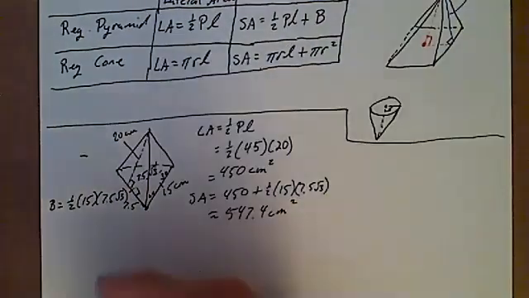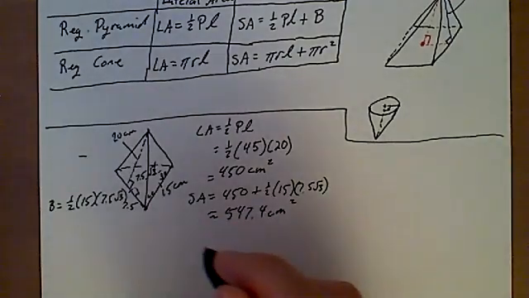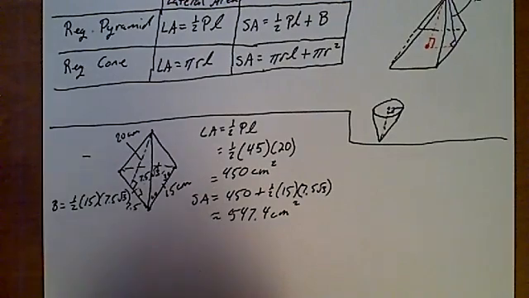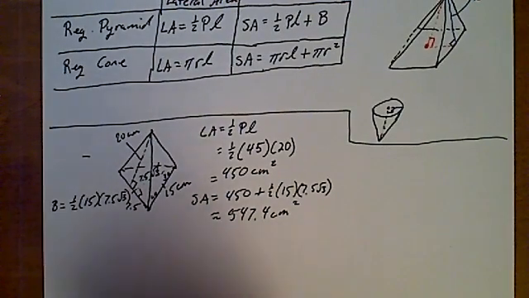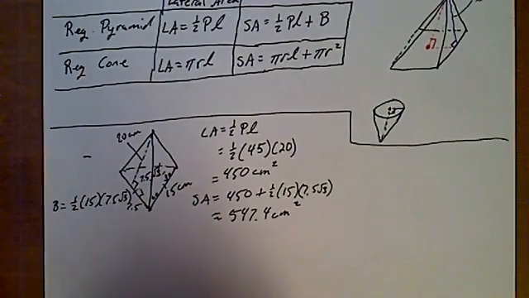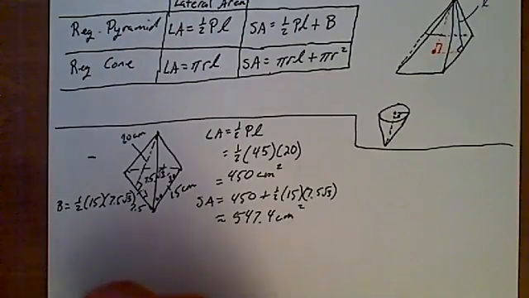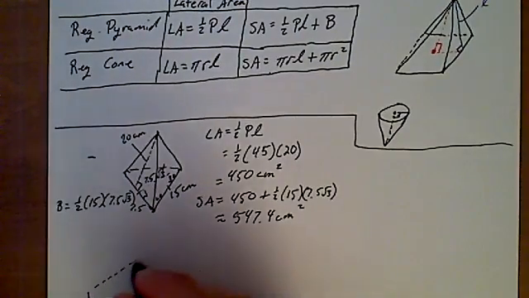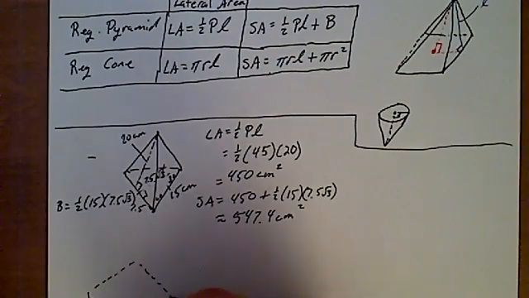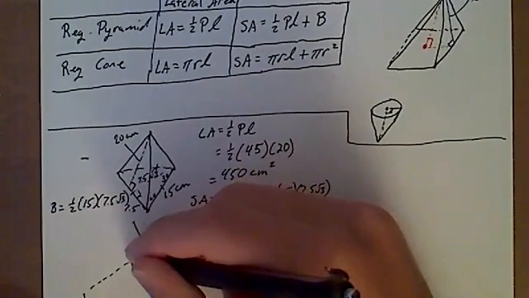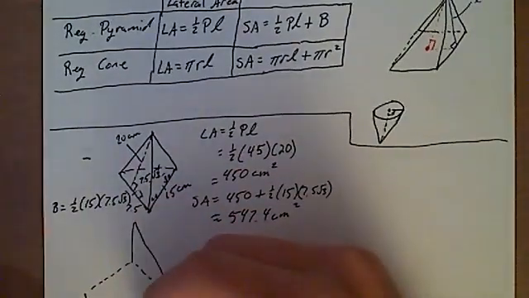All right, if we look at another pyramid, this one we're going to do with a pentagon for a base. And you don't have to do perfect here. This is looking a whole lot more like I'm trying to do a regular hexagon, but that's fine. And I should have given myself more room.